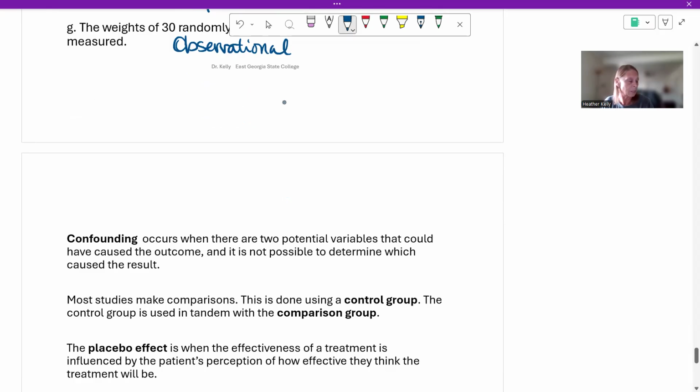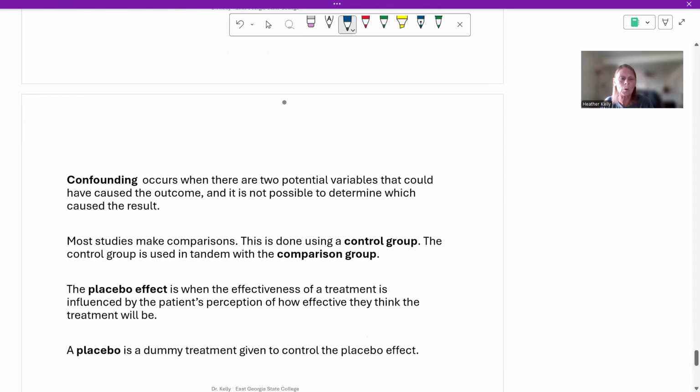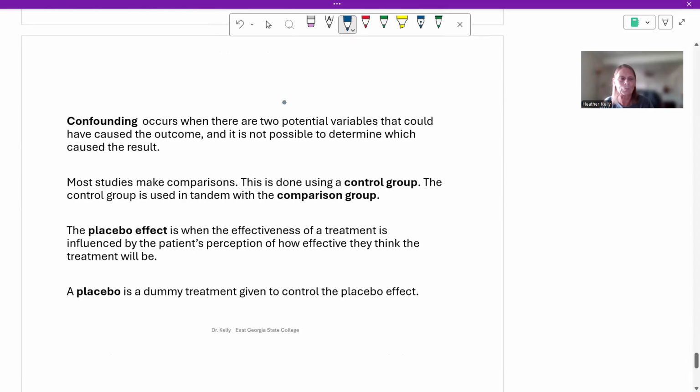Okay, and then I just have a few more little definitions for you, just so you're aware of them. Confounding is one. Confounding occurs when two potential variables could have caused the outcome, and it's not possible to determine which caused the result.